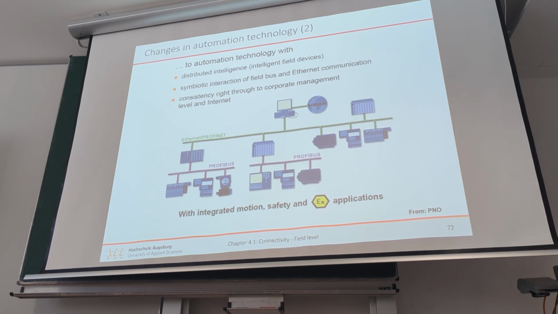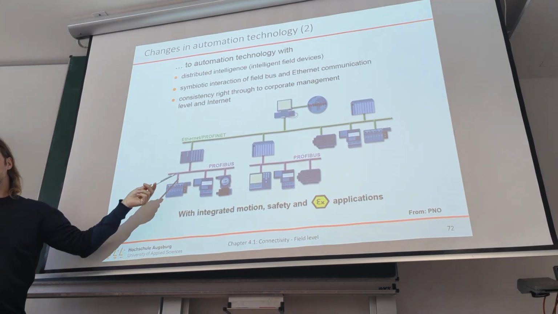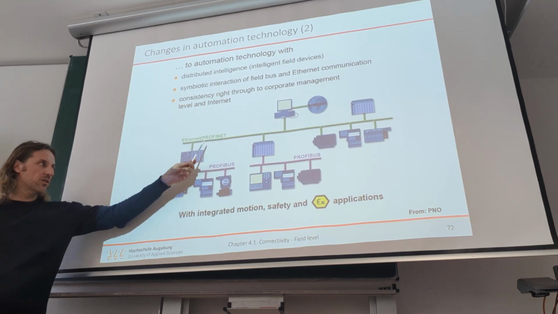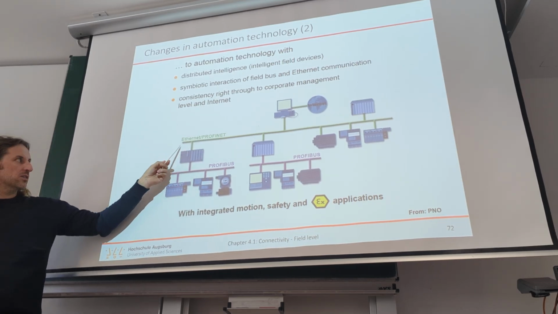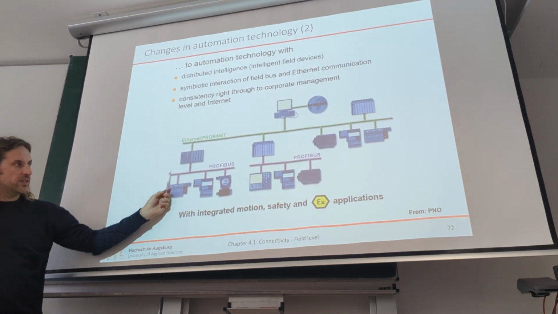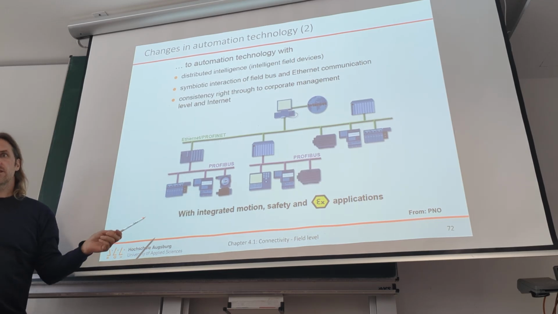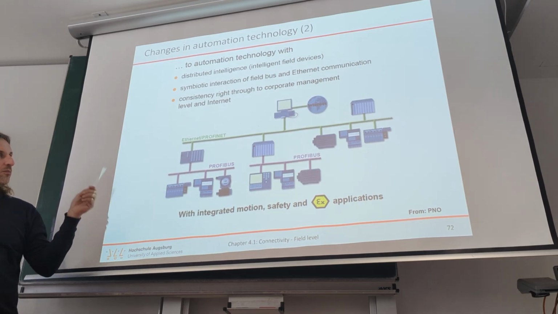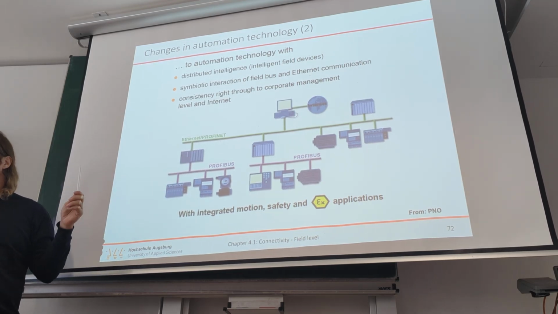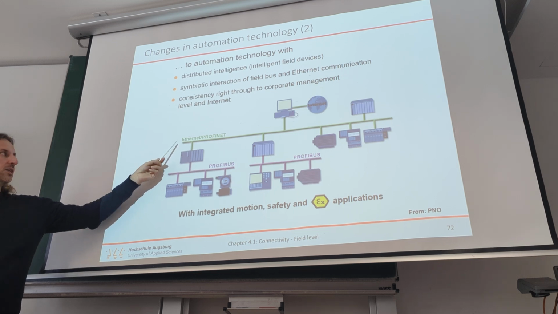The automation systems are now changing. About 4 or 5 years ago, there were more Ethernet nodes than Profibus nodes. So this is growing very rapidly, and Profibus is declining. The only thing is we have some things that we can't solve right now with Ethernet technology.